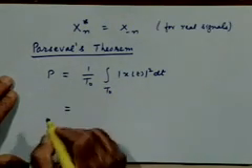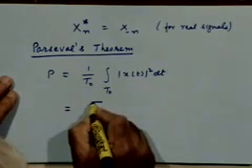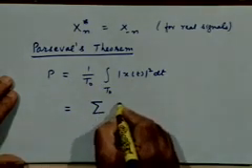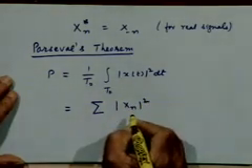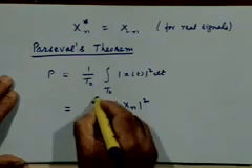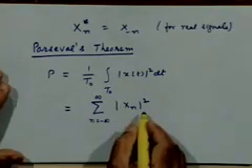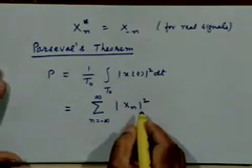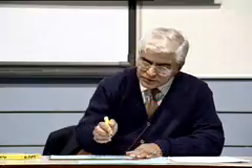That's the average power. This, by Parseval's theorem, can be obtained by simply summing the magnitude squares of all the Fourier coefficients. Very interesting result, right? You sum the magnitude square of all the Fourier coefficients, and that gives you the average power of the signal. So now we quickly come to Fourier transforms.